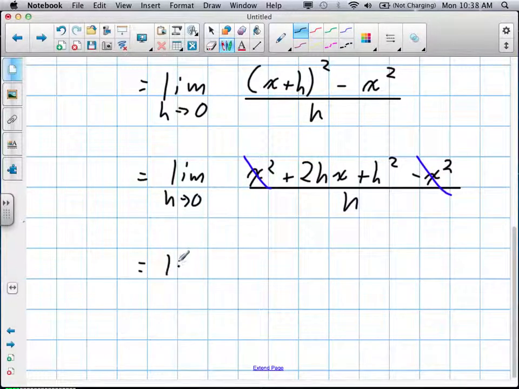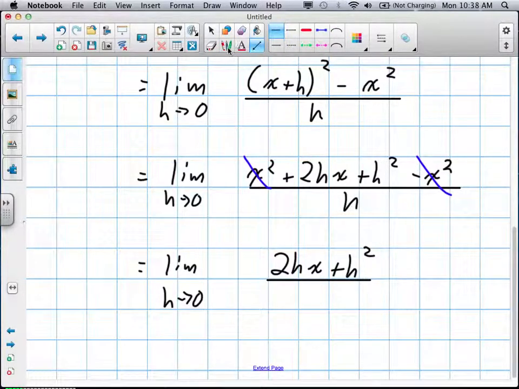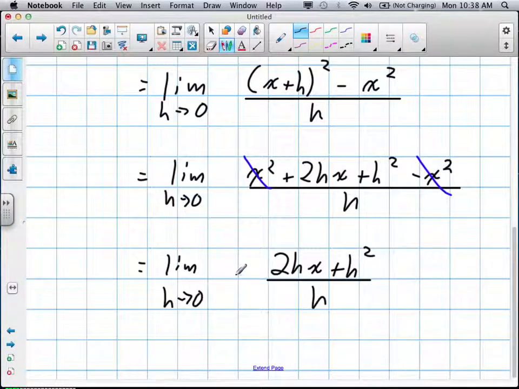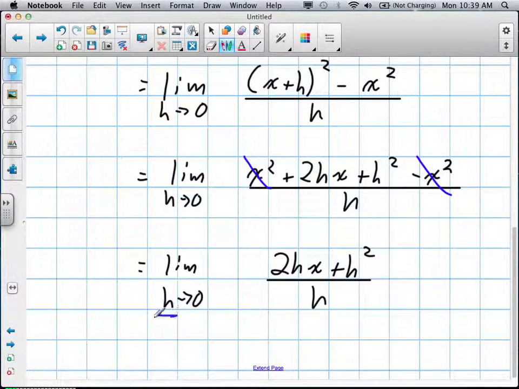So we're going to be left with the limit as h approaches 0 of 2hx plus h squared, divided by h. And remember, usually when we're in our first principle here, we're trying to eliminate the h on the bottom of the fraction. The reason for this, if you recall, is because we're looking for when h approaches 0. Well, if 0 is at the bottom of the fraction, we have an undetermined value and we won't be able to solve it.